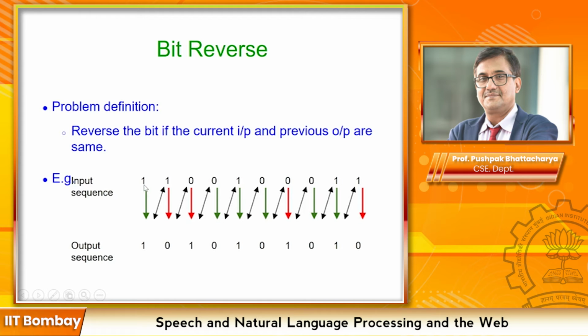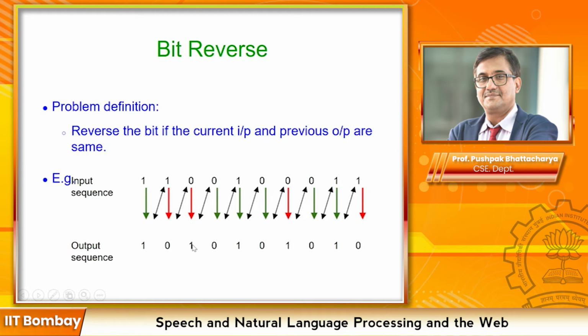Initially when you look at 1, you assume that the previous output is 0, vacuously. Now 1 produces 1. The next one produces 0 because the previous output is 1 and the current input is 1. So 1 and 1 give 0. Current output 0, current input 0, so that will reverse the bit.